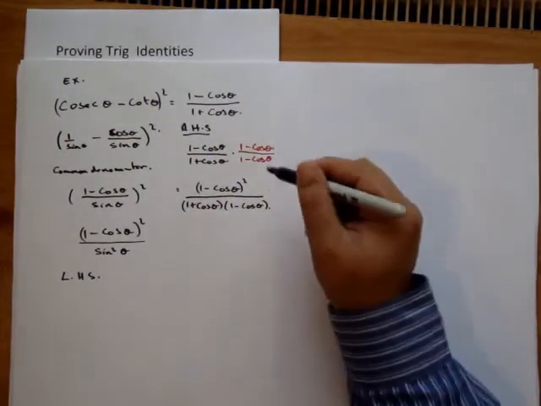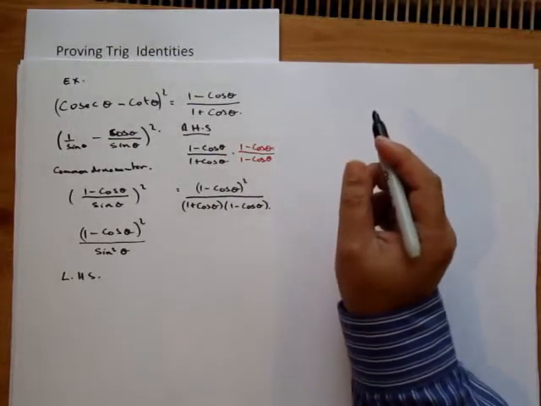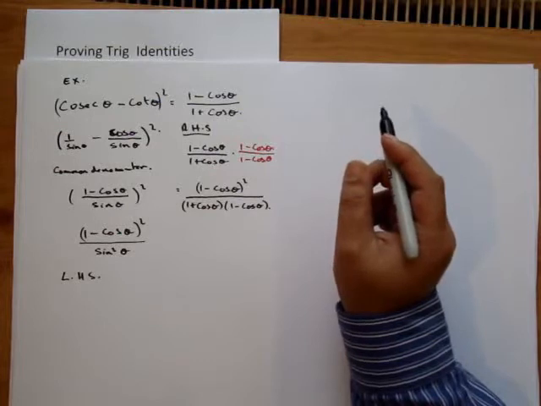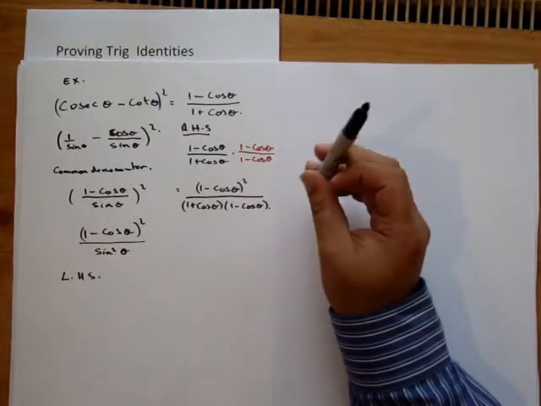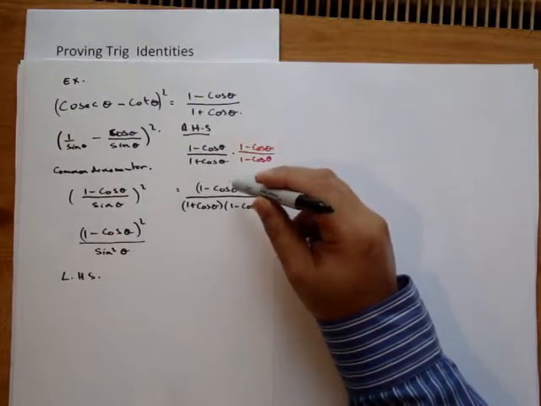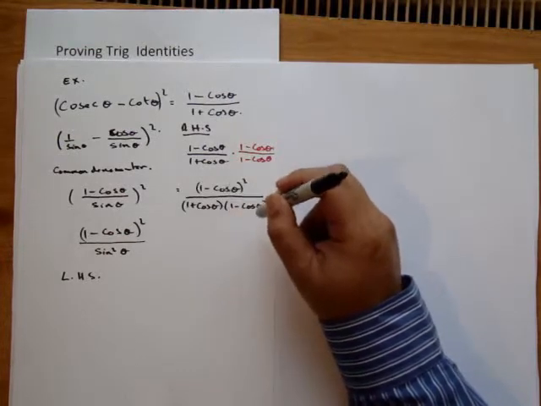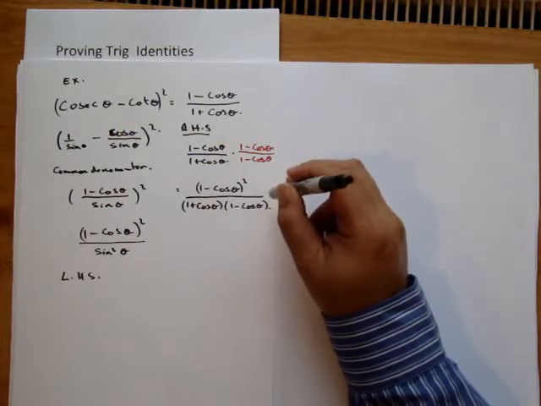Now when we look at the denominator, we can see that it looks a little like the difference of two squares, where a squared minus b squared equals a plus b multiplied by a minus b.